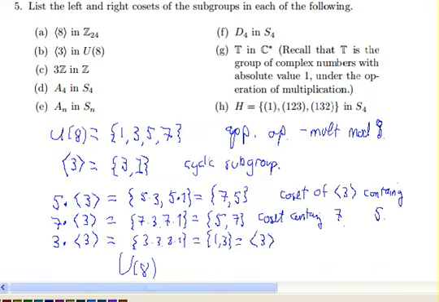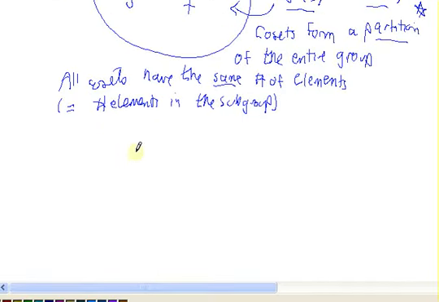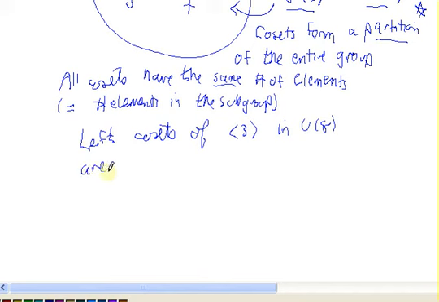Okay, so to summarize, the left cosets of ⟨3⟩ in U8 are {1, 3} and {5, 7}. Okay, so the cosets are sets themselves. So if I'm going to list the sets, I should list them as a set of sets. This is the set of cosets of ⟨3⟩ in U8.